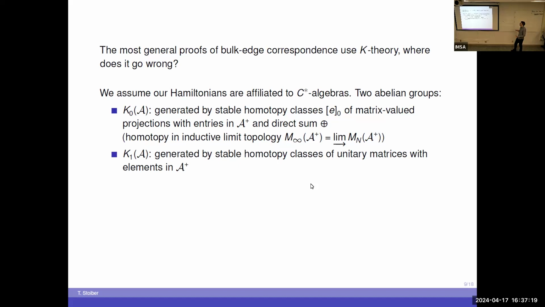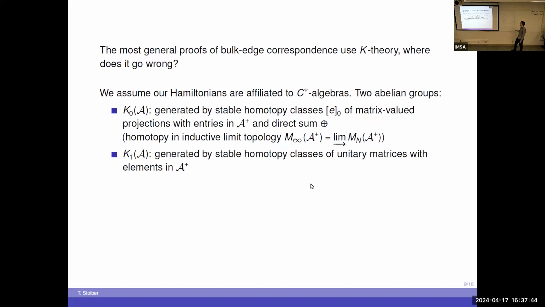So in the operator algebraic picture, we have this K0 group, which is generated by stable homotopy classes of matrix valued projections. And these projections should have entries which are in the unitization of a certain C-star algebra, which looks a bit complicated, but in essence, this comes about very naturally.